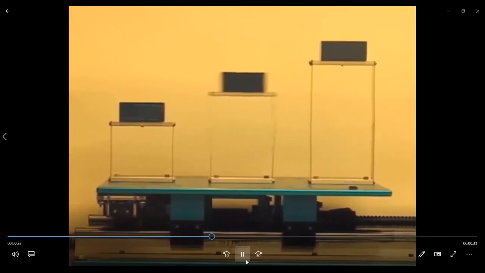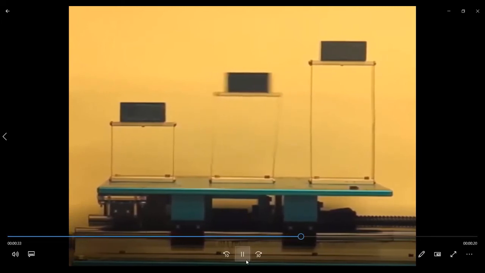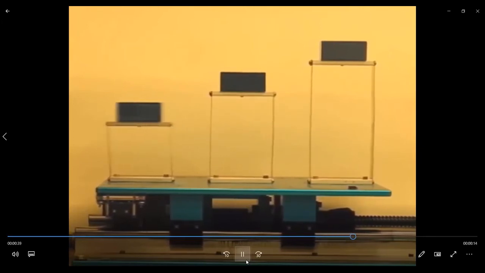The frequency of table's motion goes on increasing, at around 6.35 hertz the middle structure starts having the highest response. As the frequency of to and fro motion of the table is further increased, at around 11.35 hertz, the smallest structure has exhibited the highest response to the table motion.